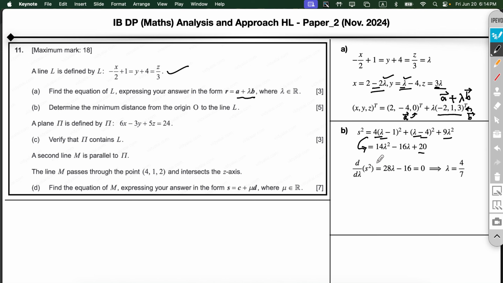Now, if you take the derivative, you get 28 lambda minus 16. If you set it to 0, then lambda becomes 4 over 7. So when lambda equals 4 over 7, that point on the line L is at the minimum distance from the origin.